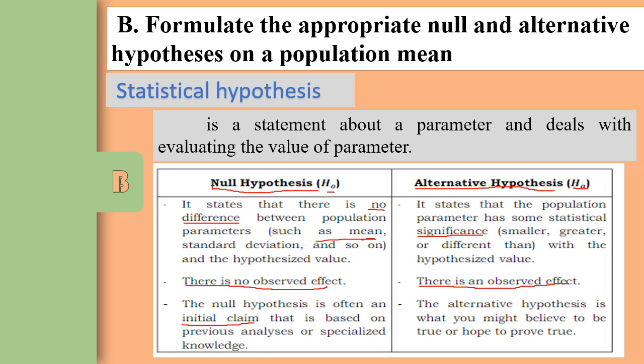The alternative hypothesis is what you might believe to be true or hope to prove true, your contradiction to the null hypothesis.